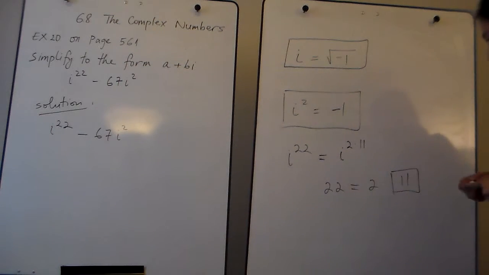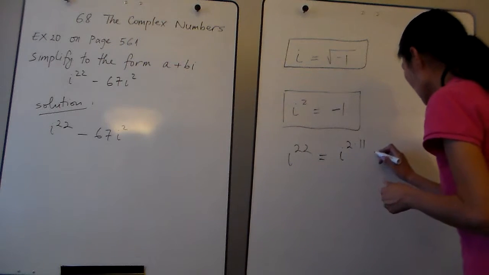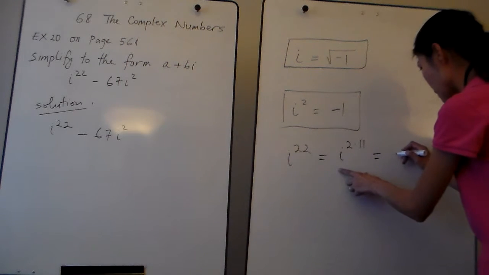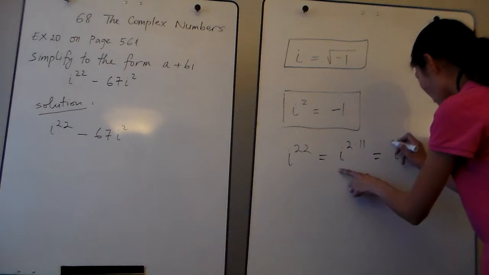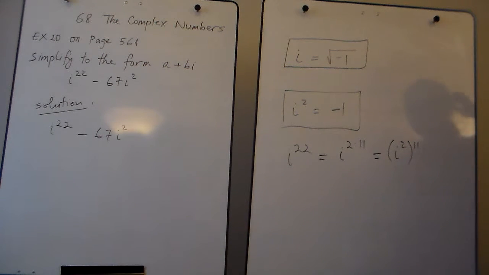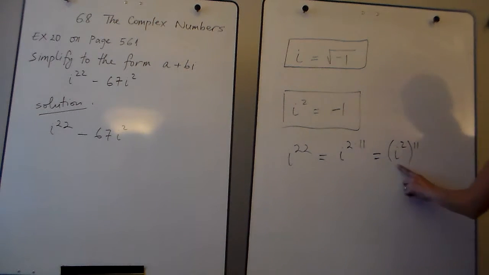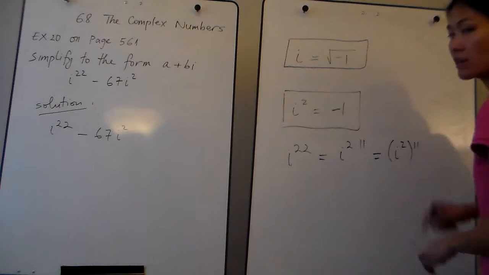With that, I can rewrite this as i squared and then 11 outside. We learned this in the previous sections. The reason I want i squared inside is because I know what i squared is.